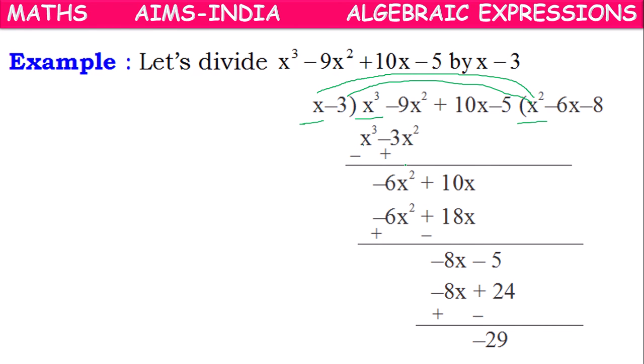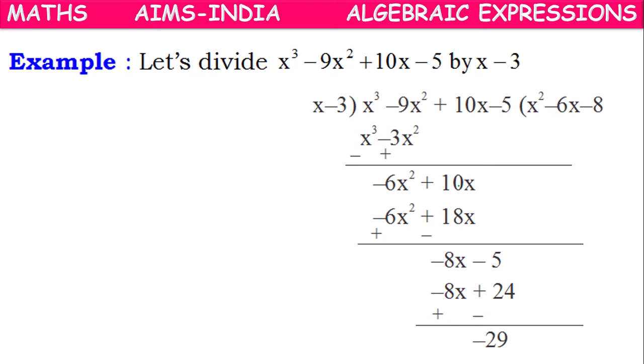Next, we have to subtract while doing division. Plus x cube minus x cube cancel. Minus 9 plus 3 x square equals minus 6 x square. We can carry down the next term, which is plus 10x. Now, up to here, one part is completed.